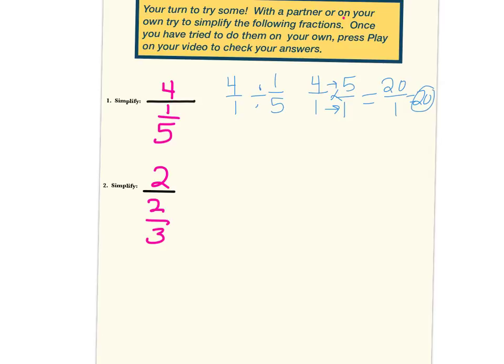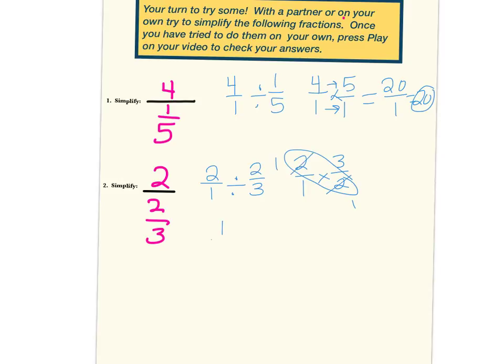The second one, again, we're going to take our numerator, which is 2, or 2 over 1. The fraction bar means to divide, and we're going to divide that by our denominator, which is 2/3. So 2 over 1 divided by 2/3. What we're going to do is change our division sign to multiplication, take the reciprocal of the second number, and now let's look. We can cross simplify. Both of these would become a 1.